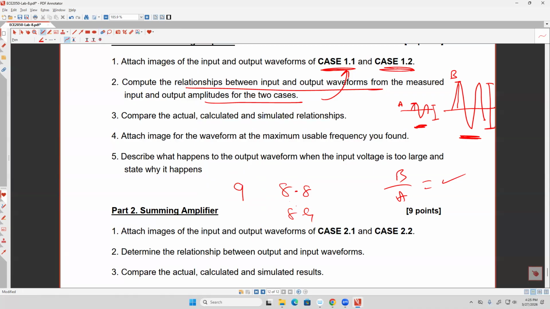One more thing you need to do in this lab, I forgot to tell you guys, because resistors are playing a very important role here. Some students pick up wrong values for resistors. As I told you before, when you go to the lab, it's going to take less than 1 minute.